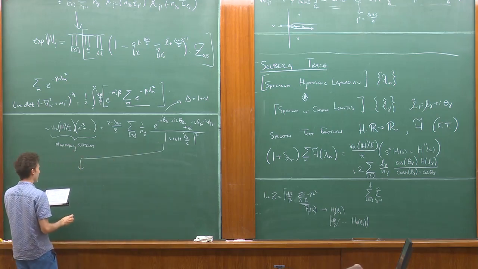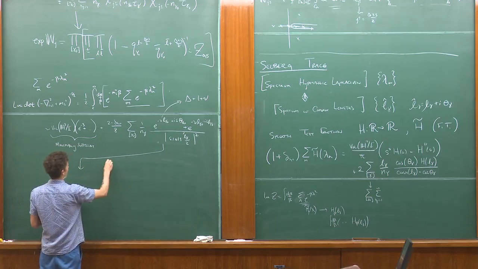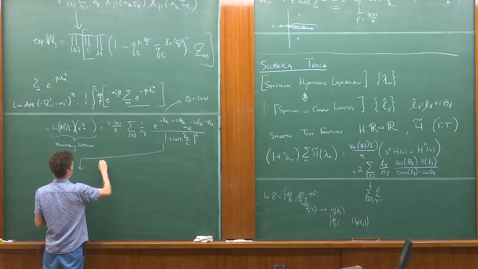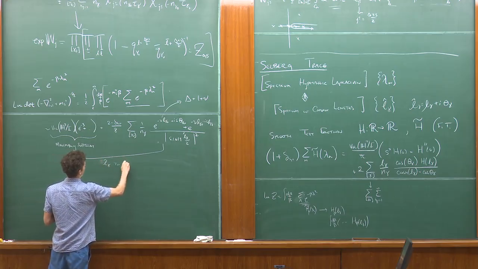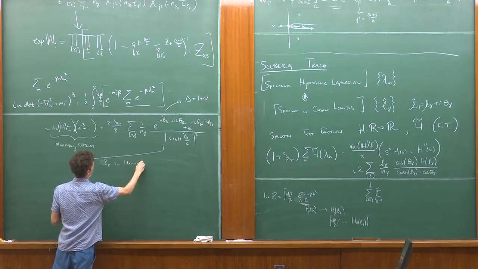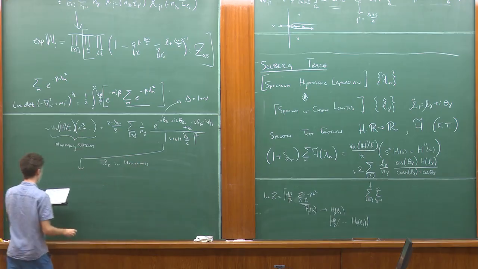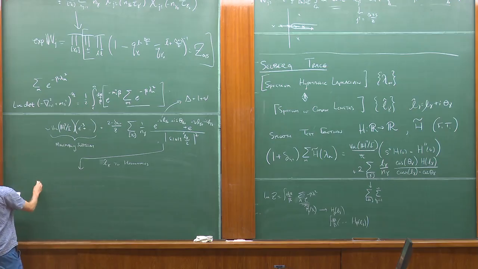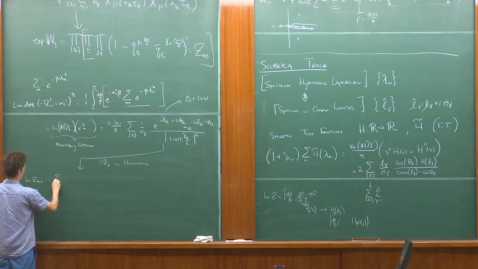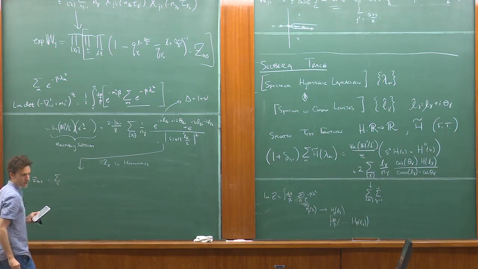Okay, and so now we use this map from complex lengths to holonomies. As far as I'm aware, yes.